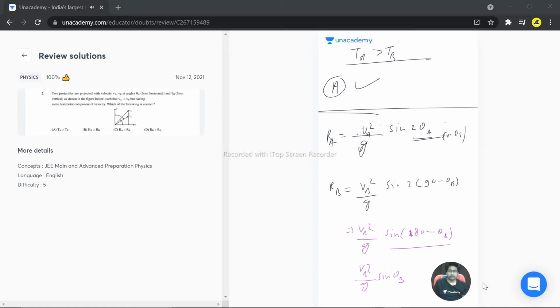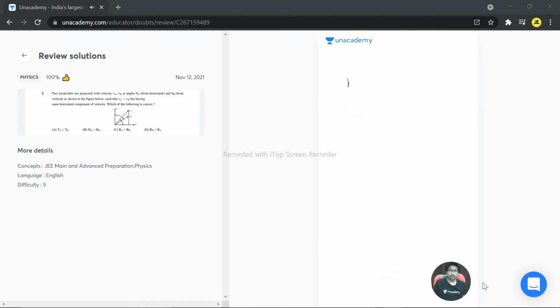And this is sine of 30, and sine 30 is half. So definitely range A will be greater than range B. So option C is correct as well.